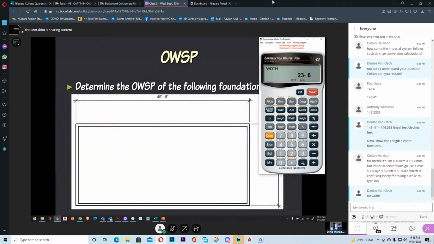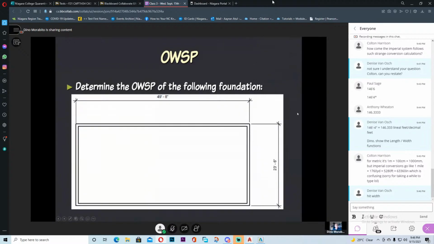We'll try equals, see what happens. Hit width. Oh, sorry. Okay. So when I click the width button again, it now calculates the area, and now it calculates the perimeter at 146 foot 4 inches.